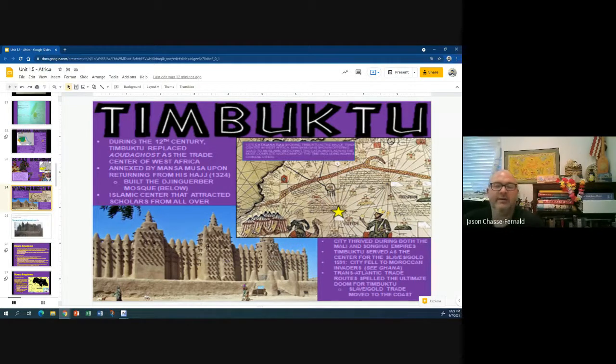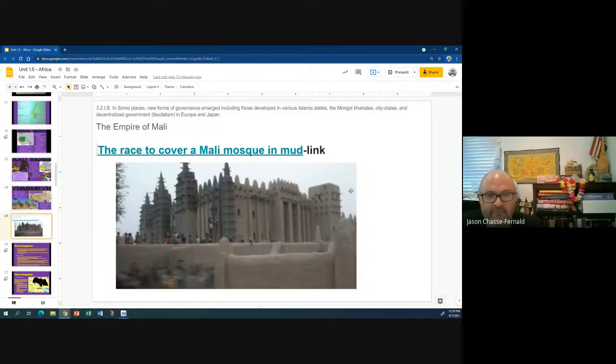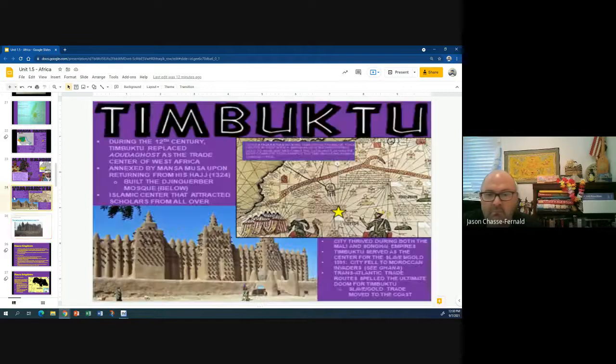So we see Andalusian or Islamic Spain mixed together with more traditional elements from West Africa to give us this very unique form of architecture here. So this is the Djenna Mosque.